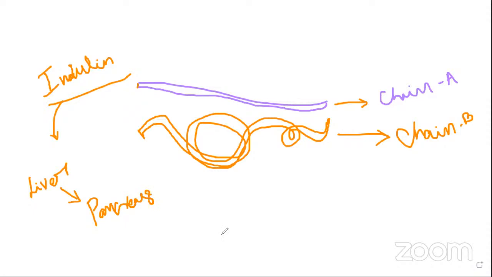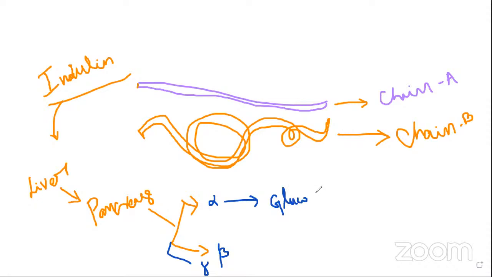The pancreas has cells. What are the cells? One is called alpha, and beta, and gamma cell is also there. So the alpha cell secretes glucagon.